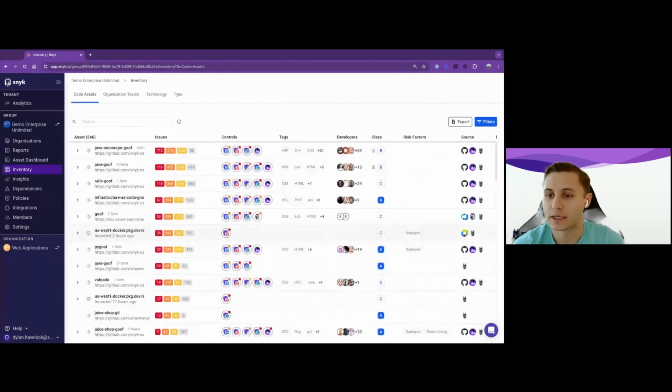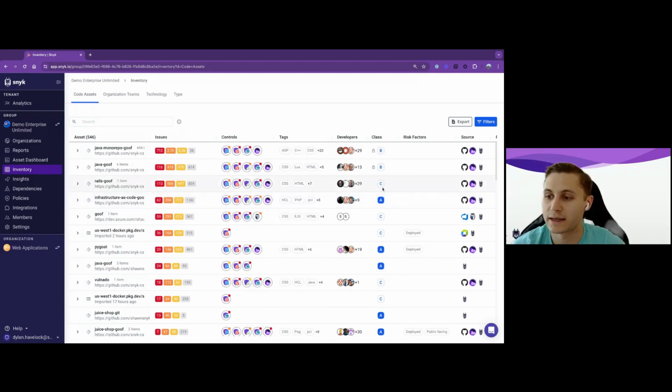And the other thing that we can do here is not just understand the coverage gaps, but we can also classify our assets as well. Vandana mentioned having those crown jewels within your organization. What are the repositories that are actually contributing to those business critical applications? Well, we can assign that here by setting this class. So our class A assets would be our most business critical assets.